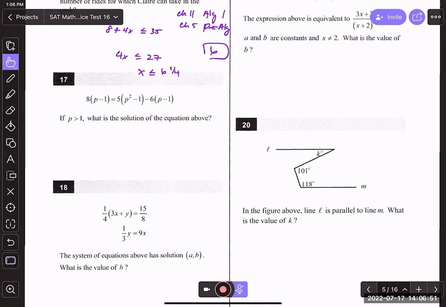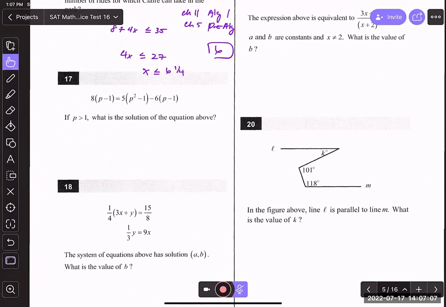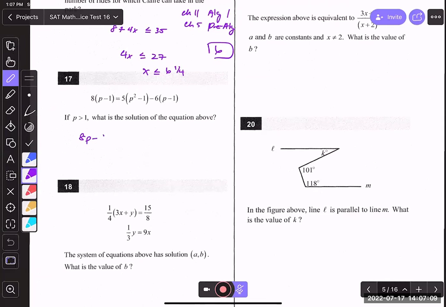So I think you first have to get rid of all the parentheses, and then it becomes 8p minus 8 equals 5p to the second power minus 5 minus 6p plus 6, actually.